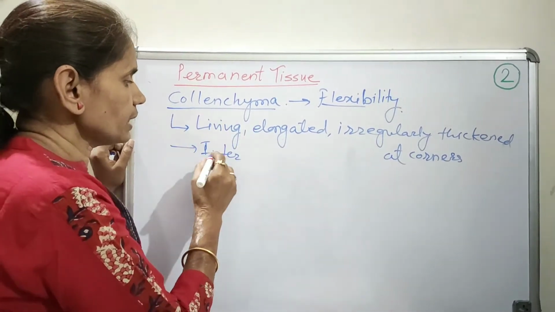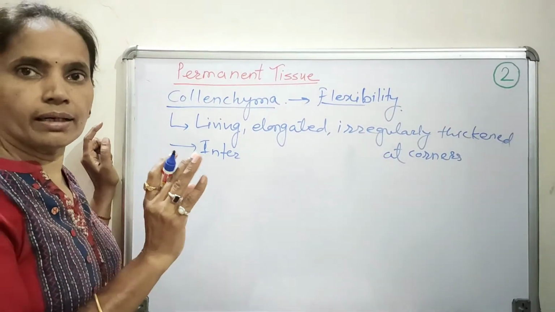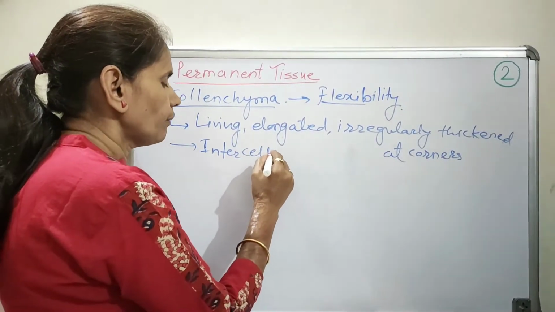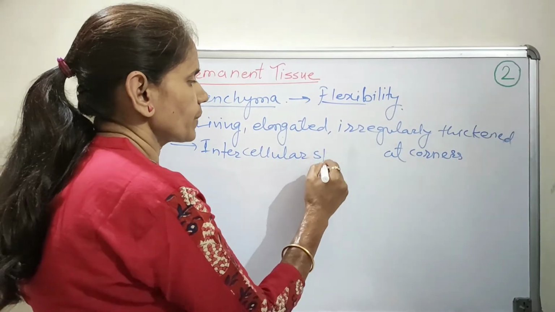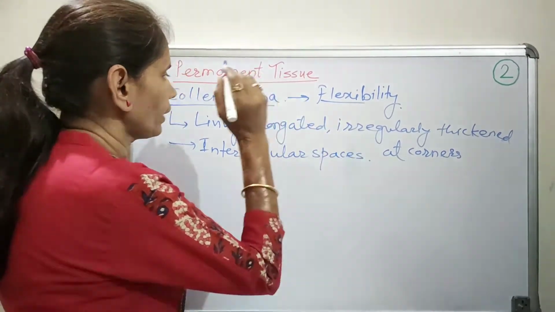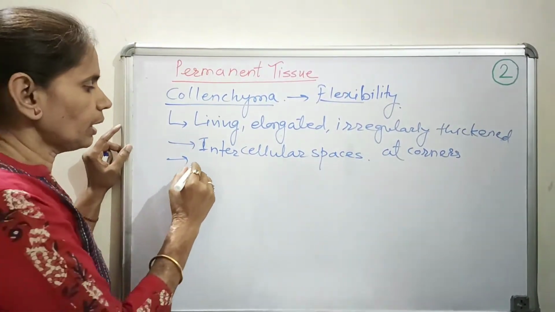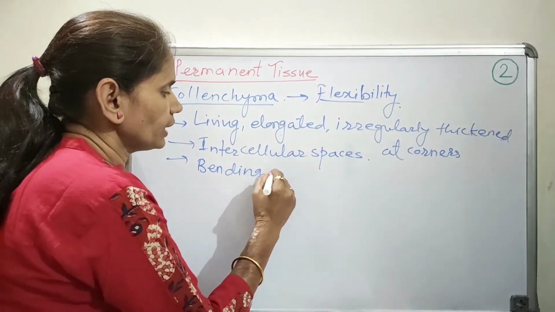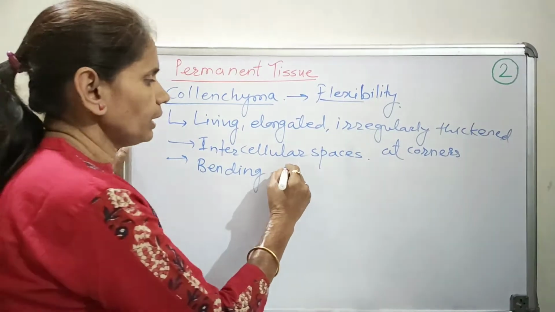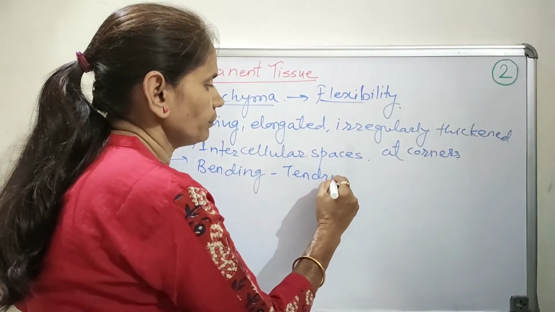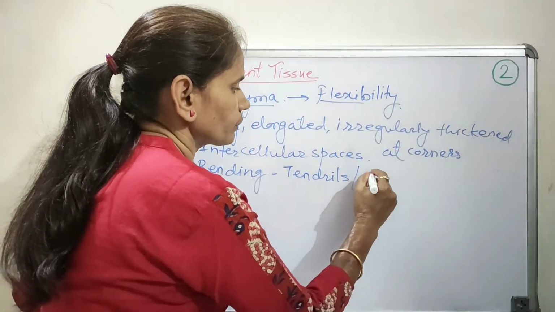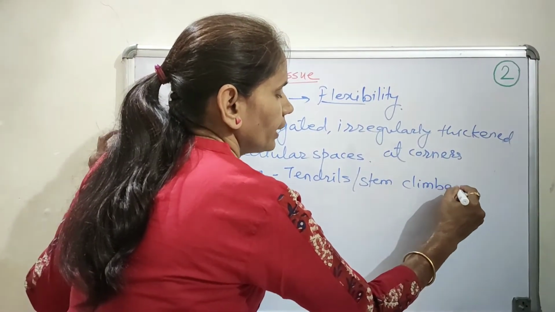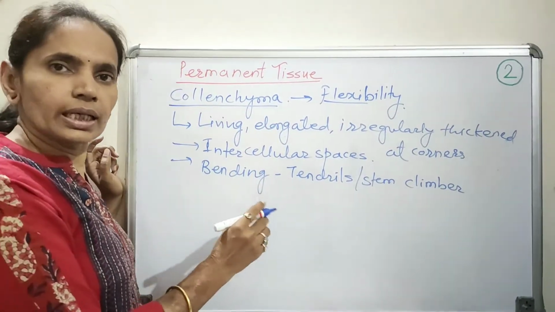Now in the previous parenchyma, the cells were loosely arranged and had large intercellular spaces, but here very small intercellular spaces are there. Now it helps in the bending of various plant parts without breaking. For example, the tendrils and the stems of climbers.